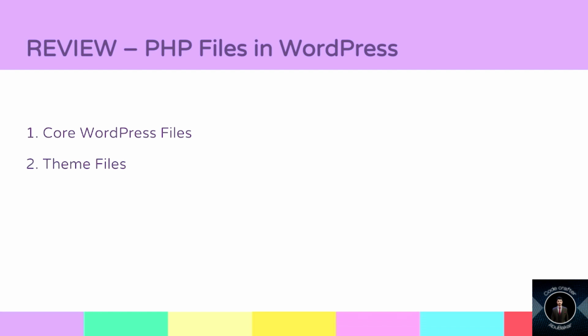Some themes that are more complex, you may see more PHP, but in general, that's what we've got going on. Then we've got our plugin files. Other people's plugins, you're probably not going to be editing, but if they are your own plugins, then you do want to edit them. And they're a little bit more like the core WordPress files, in that they're going to be mostly PHP with a little bit of HTML thrown in there.